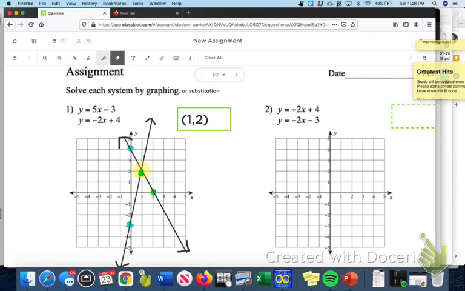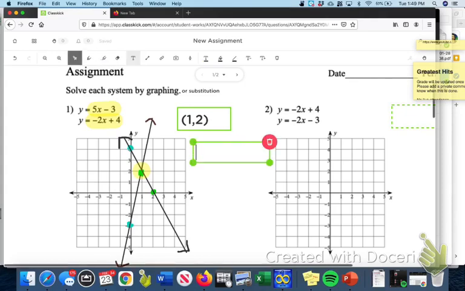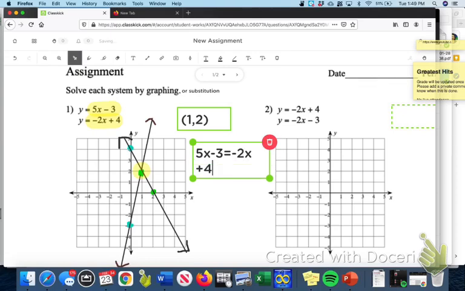Remember, the idea is that since 5x minus 3 is equal to y, and -2x plus 4 is also equal to y, if you don't want to graph to solve, option number 2, now you need to show your work, of course, but you could just set up an equation and solve it that way as well.